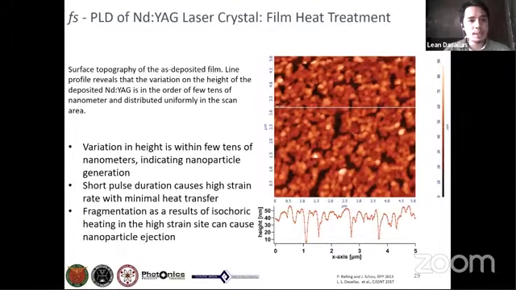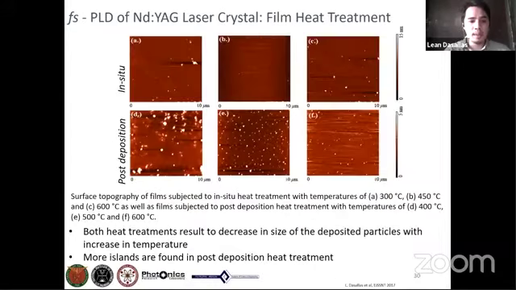So this is the surface topography of the as-deposited film, and we can see that the variation in height is within a few tens of nanometers, which indicates the production of nanoparticles. Now we applied two different heat treatments.